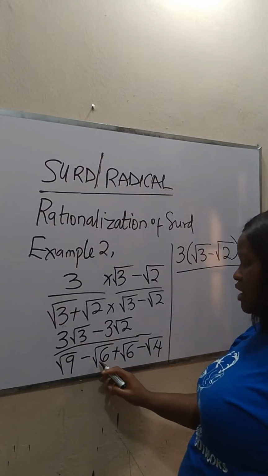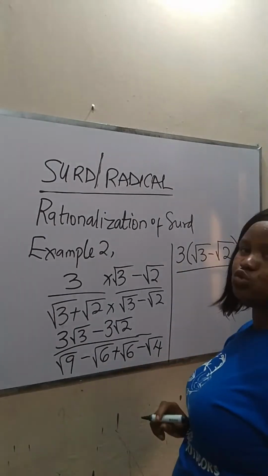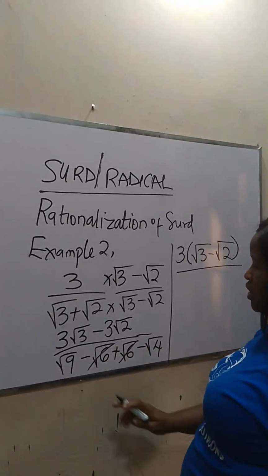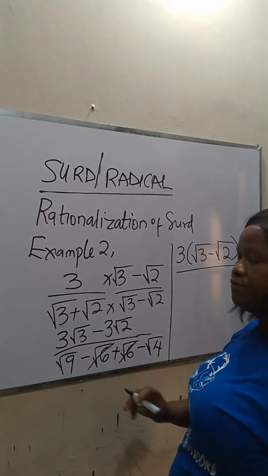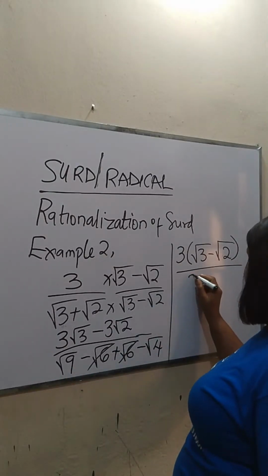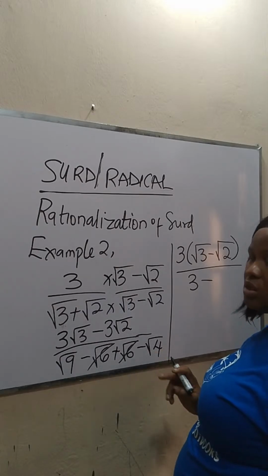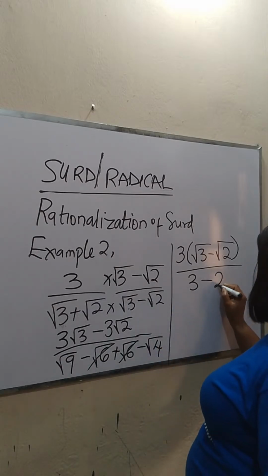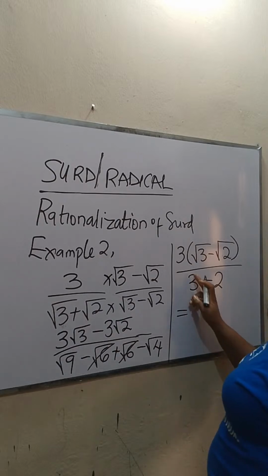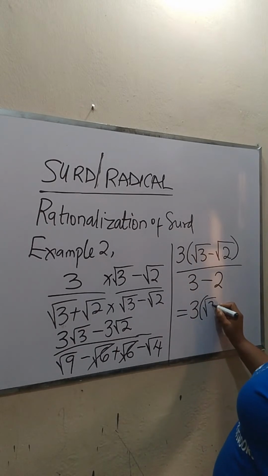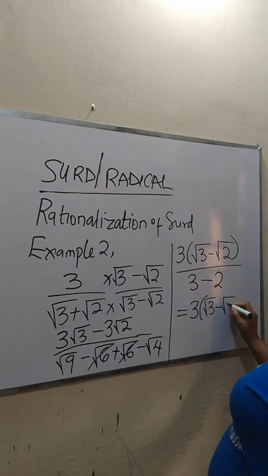Now here this is minus root 6 and here this is plus root 6, so they will cancel out. Okay, and we have square root of 9 is 3 minus square root of 4 is 2. Okay, so this is 3 brackets root 3 minus root 2.